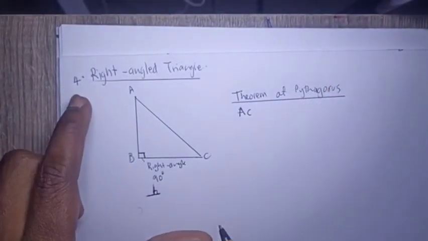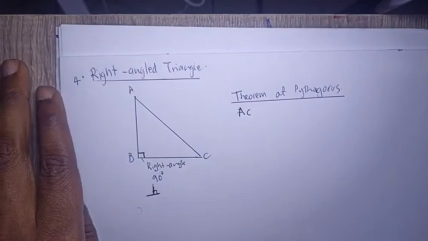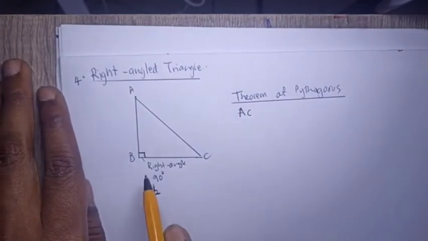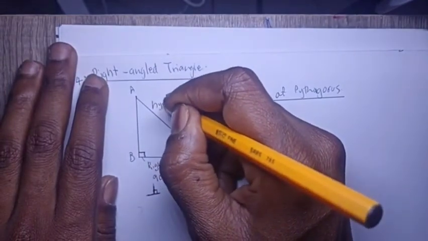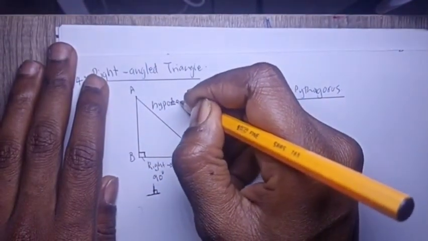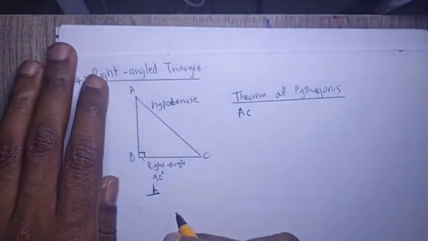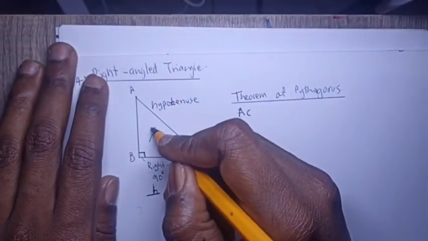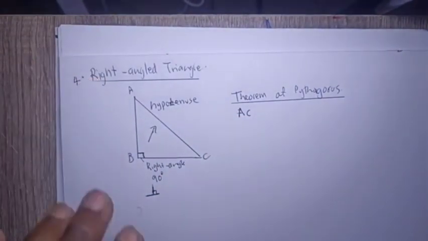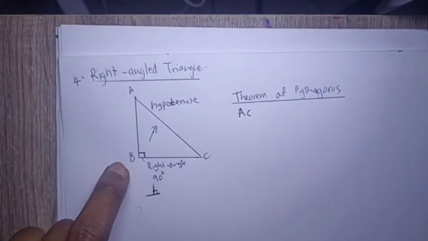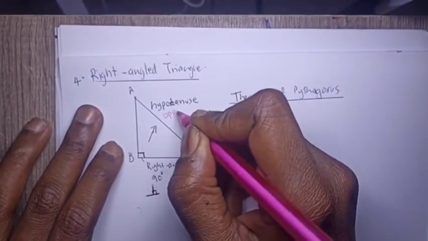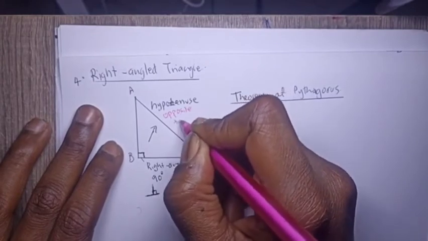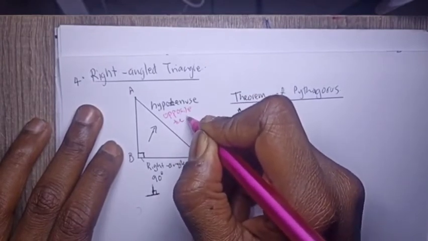The formula says we can actually calculate the sides of the triangle in this case, if it's a right angle triangle. The longest side is called the hypotenuse. That's the longest side, and it is also opposite the right angle.